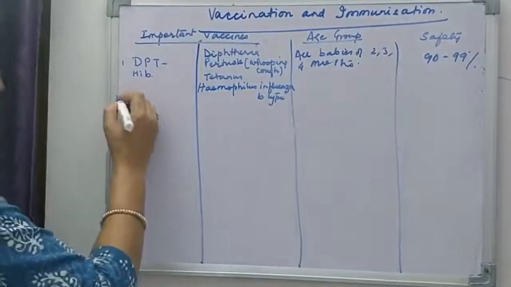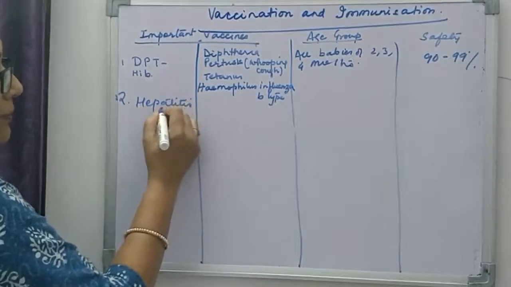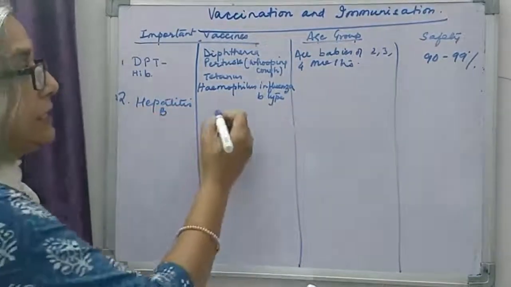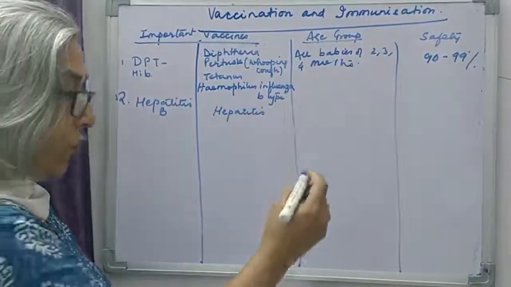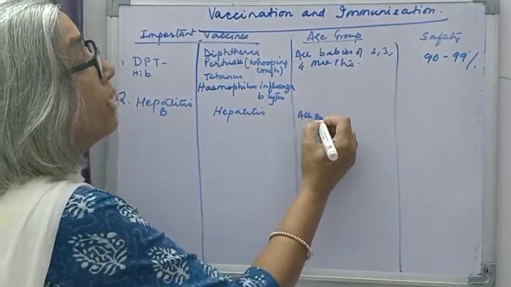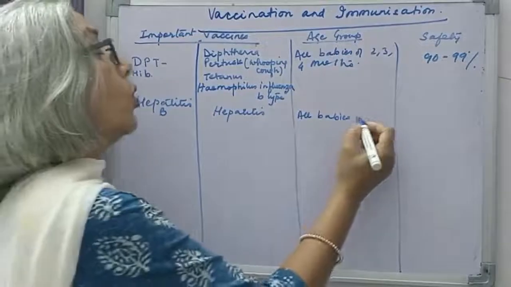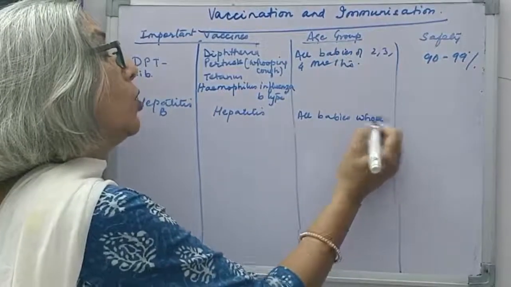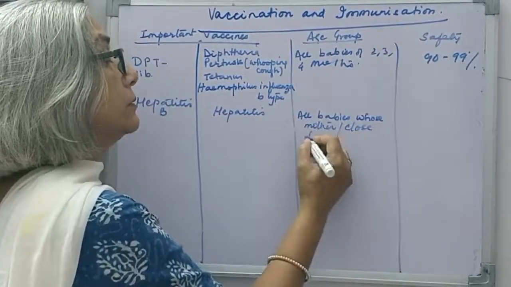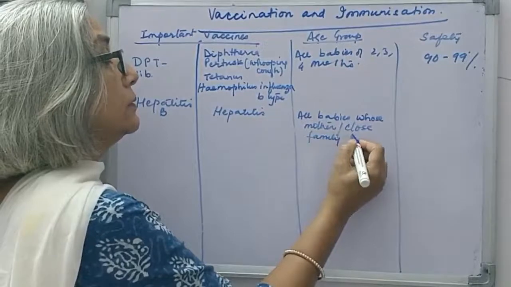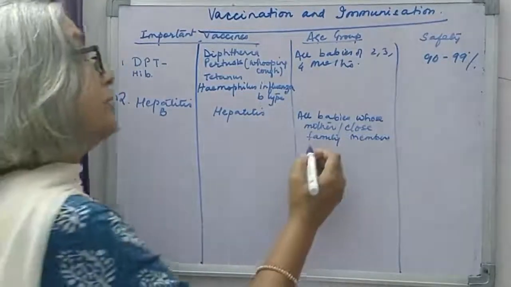Then the second vaccine is Hepatitis B. This is against the disease hepatitis, given to all babies whose mothers or close family members have been infected.